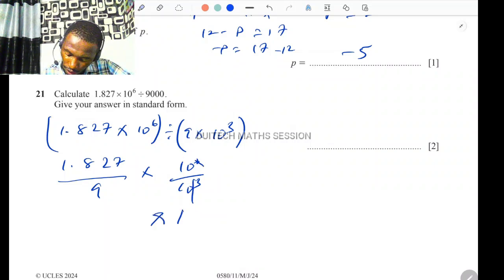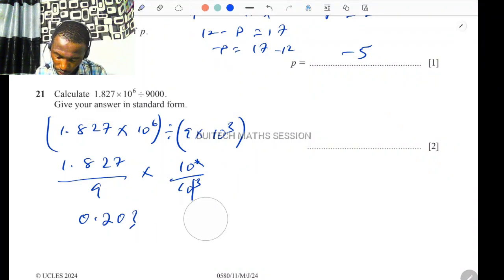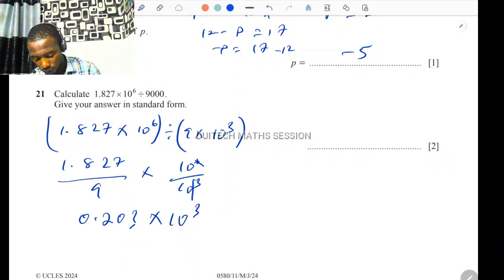I have 10 to the power 3. Then 1.827 divided by 9 will give me 0.203. So times 10 to the power 3.